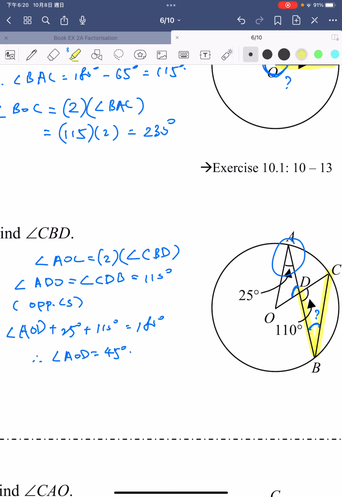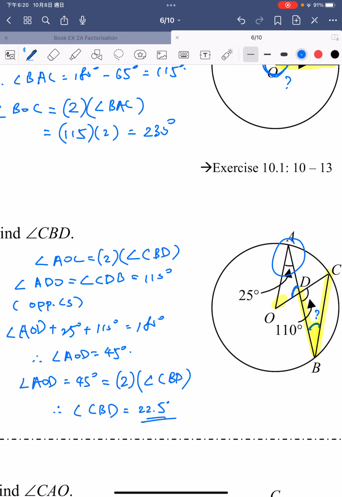So now we have found the value at the center, then we can find out the angle at the circumference as well. So the angle at the center, which is angle AOD, equal to 45 degrees, is equal to twice the angle at the circumference, which is CBD. So we have the angle CBD is equal to 22.5 degrees.